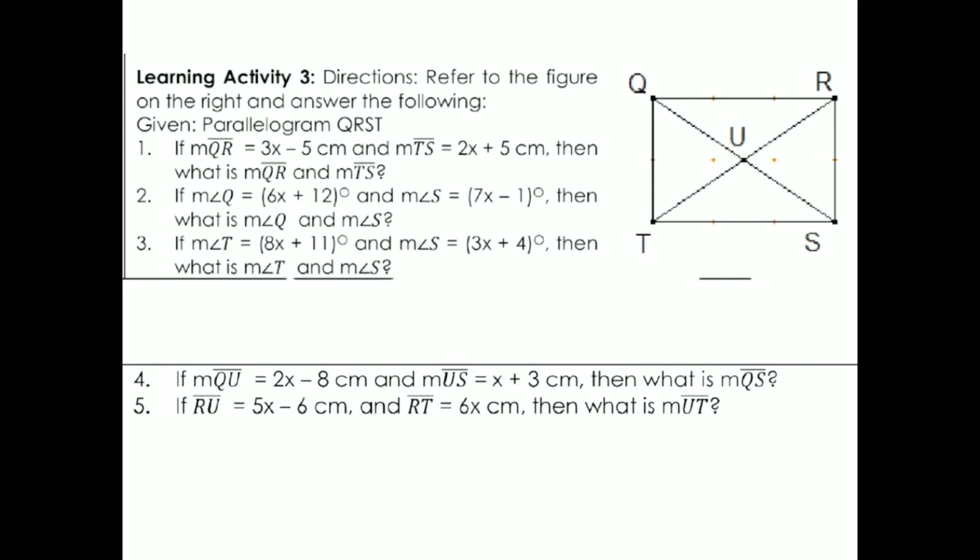Number 4: if segment QU is equal to 2x minus 8 cm and US is x plus 3 cm, then what is the length of QS? Number 5: segment RU is equal to 5x minus 6 cm and RT is equal to 6x cm, then what is UT?